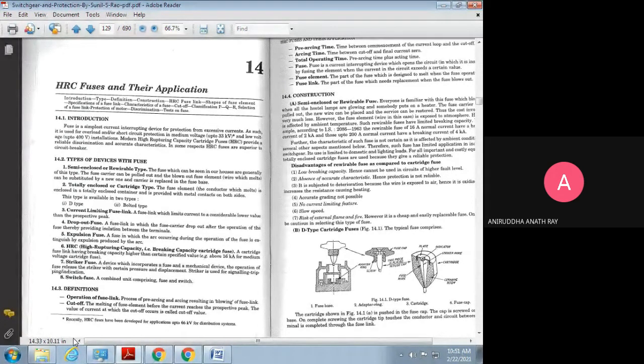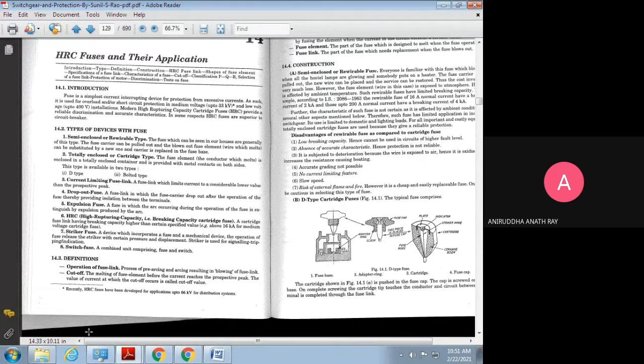Also asked was to explain different types of fuses. So first I'll focus on that and then I'll go to the remaining topics.